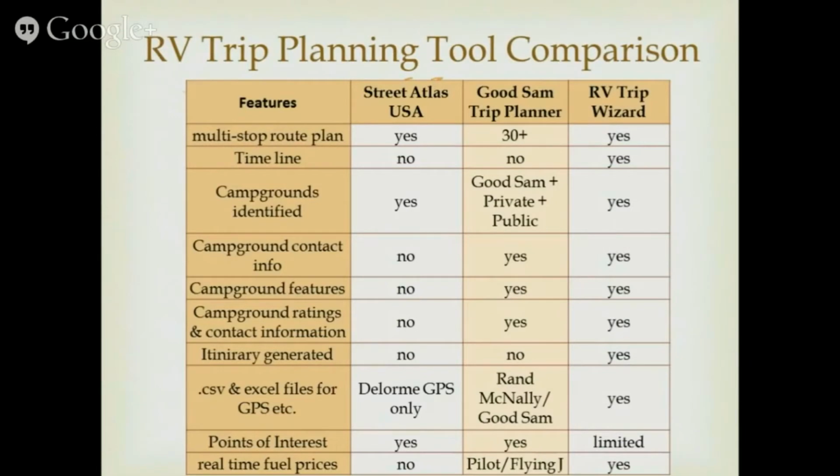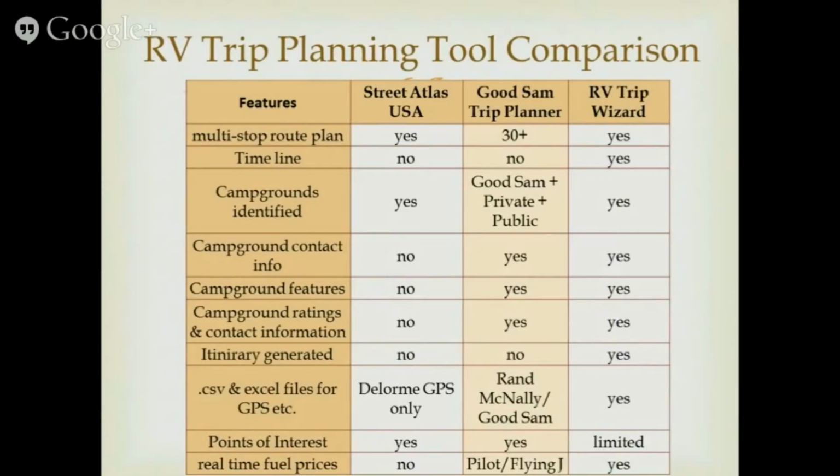So in terms of comparisons, we want to look at this in terms of features. Does it generate a multi-stop route plan? Is there a timeline available? Are the campgrounds identified? Is contact information provided? Are the campgrounds rated? Yes or no? And does it generate an itinerary?